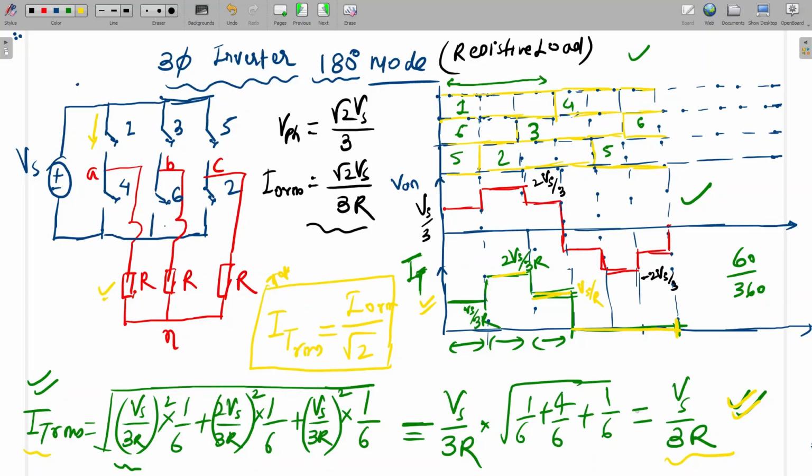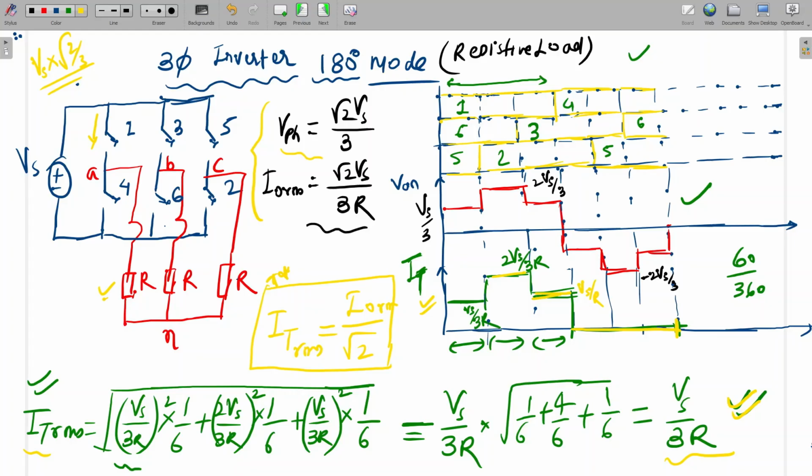So see, in terms of output RMS current, how can we relate? What will be the output RMS value? Normally, line to line voltage will be Vs into root 2 by 3, and the phase value will be root 2 Vs upon 3.